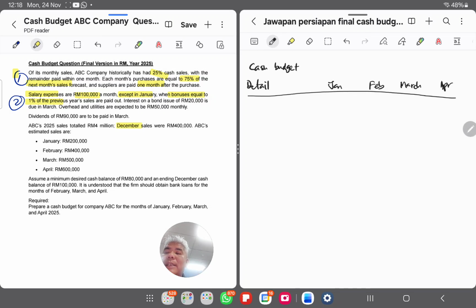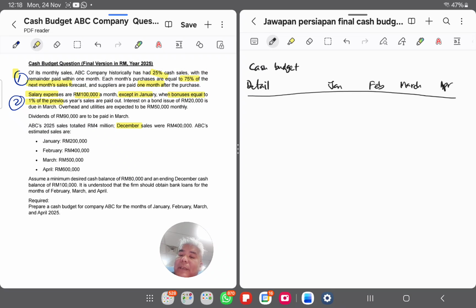So the salary will be paid in January, including the bonus. So January is different from February and March, where we have to pay a greater amount compared to February and March.